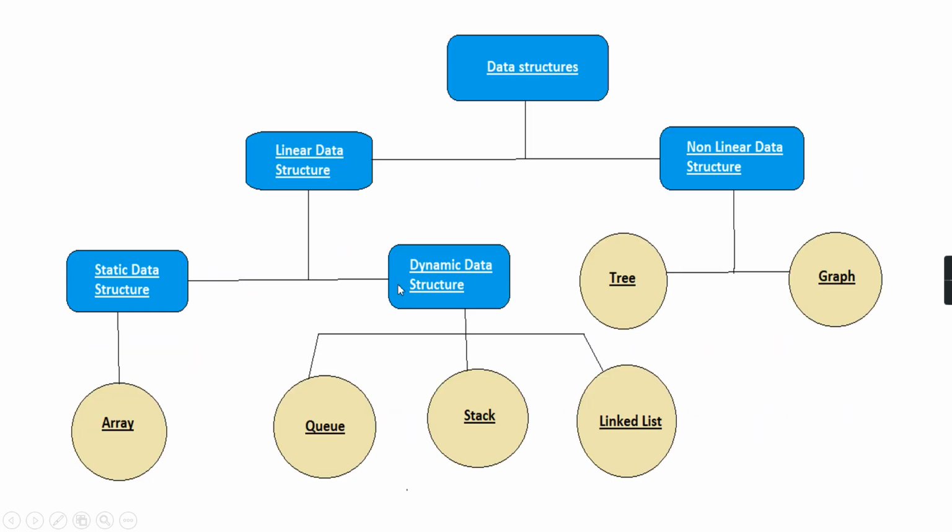Now we have two different types of data structure: one is linear data structure and another one is non-linear data structure. The only difference is, in a linear data structure, you can travel all the elements in one single run.